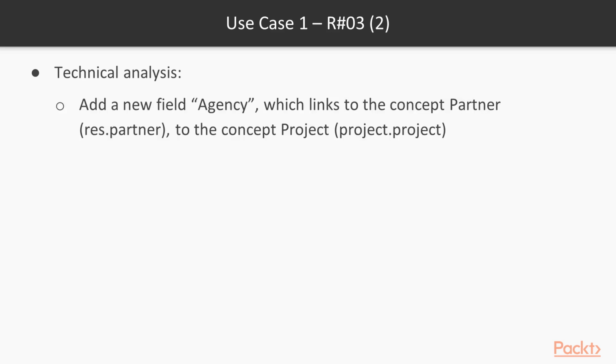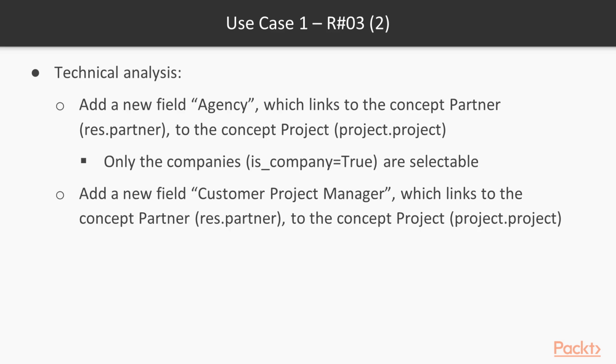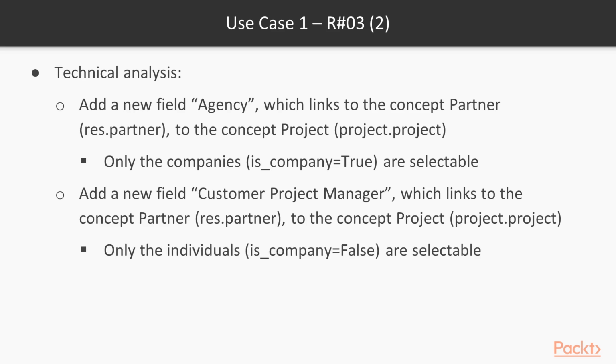So let's continue with the technical analysis. I would add a new field called agency, which links to the concept partner, and this field is added to the concept project. Note that we only allow the companies to be selected. Next, we also add a new field customer project manager to the concept of project, and this links to the partner as well. But this time, only the individuals are selectable.